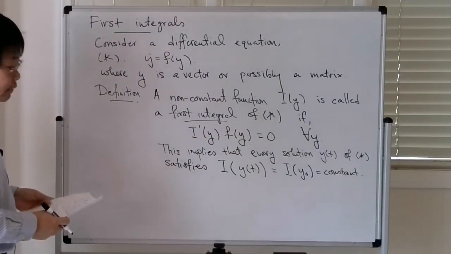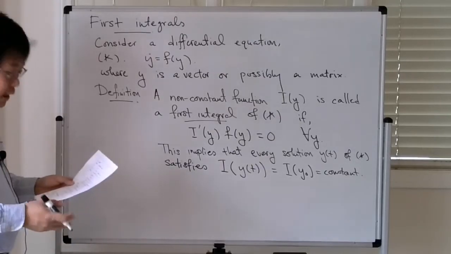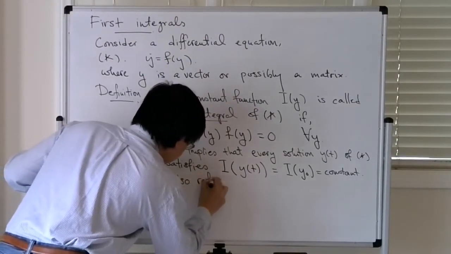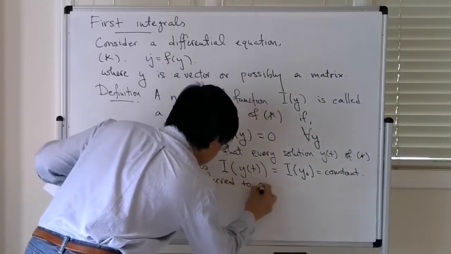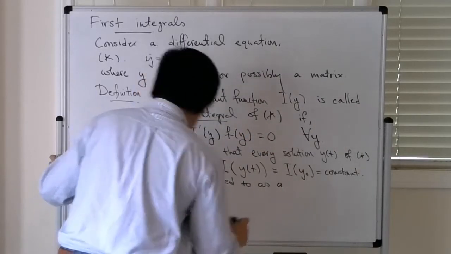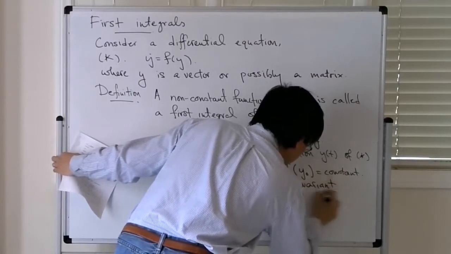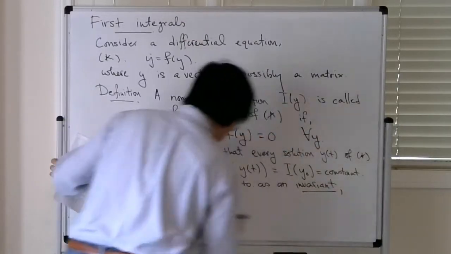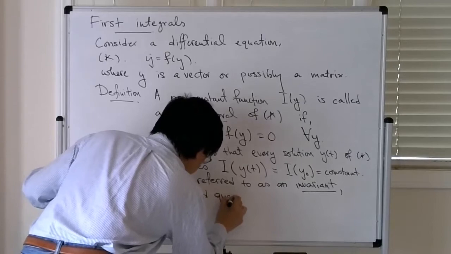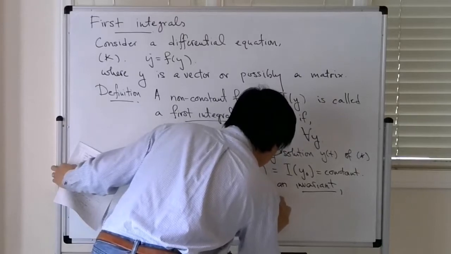So in addition to referring to these things as first integrals, they are oftentimes referred to as invariants, conserved quantities, or constants of motion.